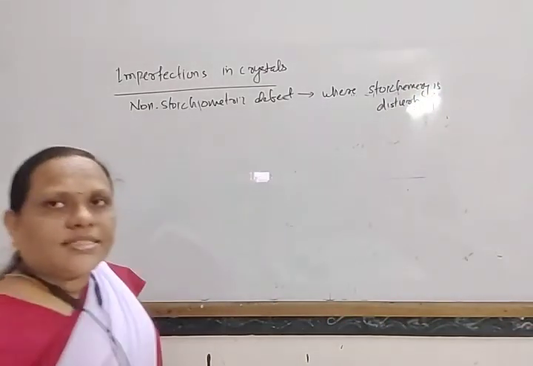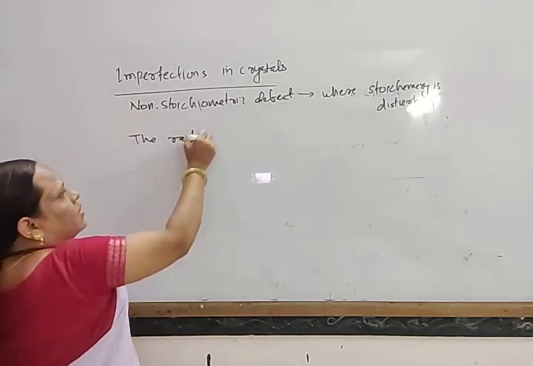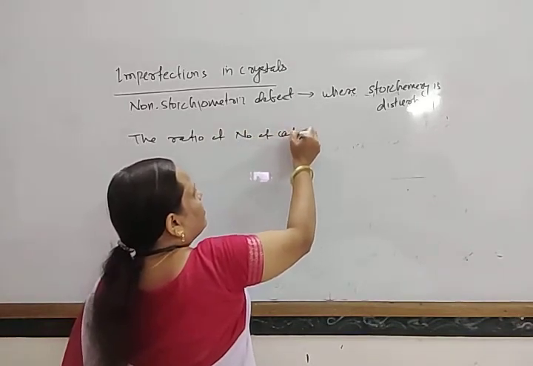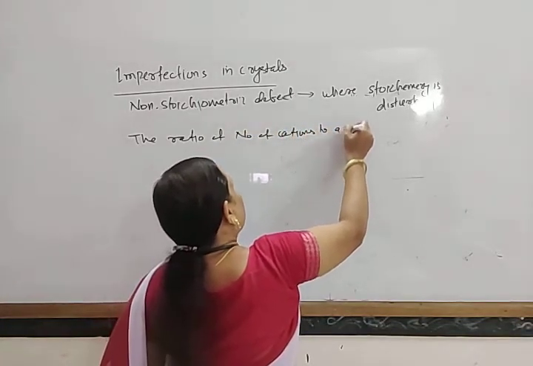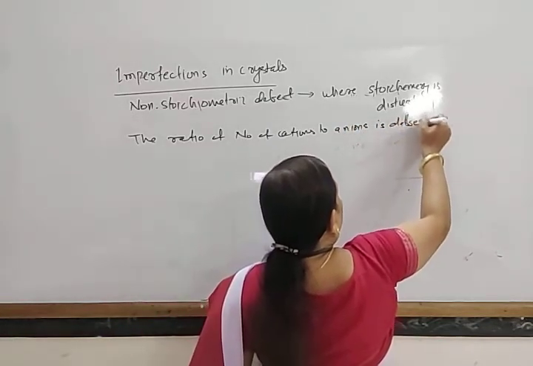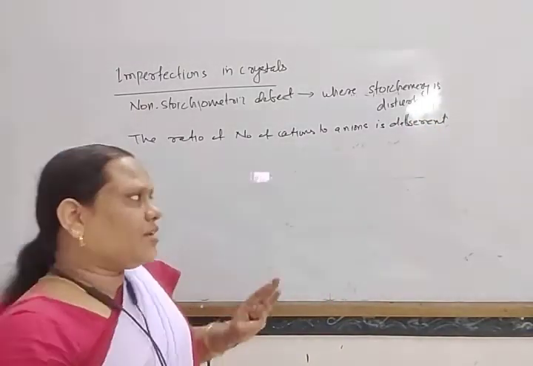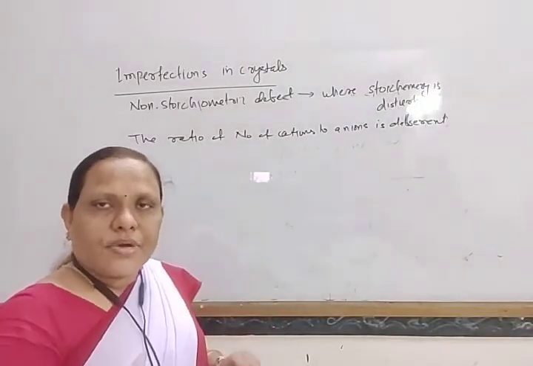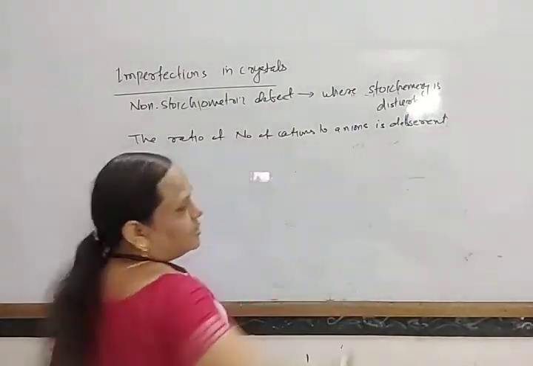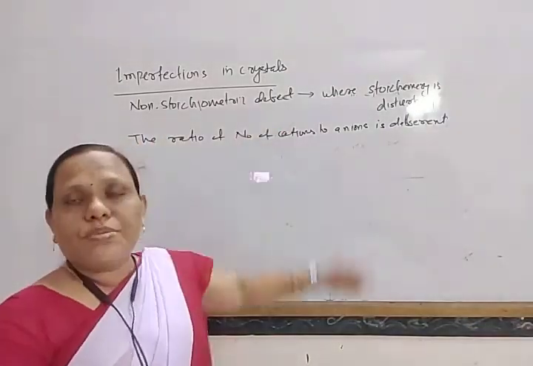That is, the ratio between the number of cations and the number of anions is different from that of the general formula. So in this way, the ratio of number of cations and anions is different from that of the ideal formula. Then that is known as a non-stoichiometric defect.